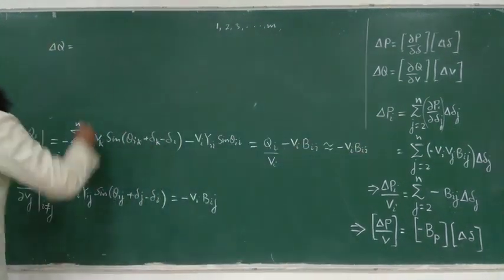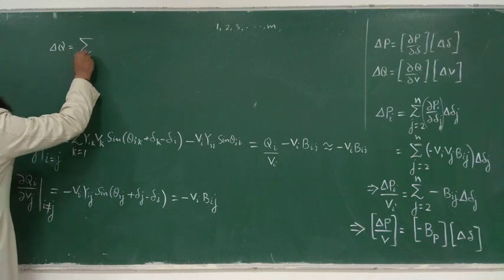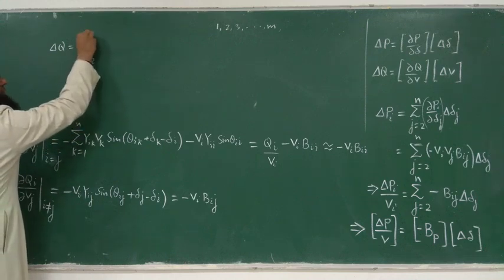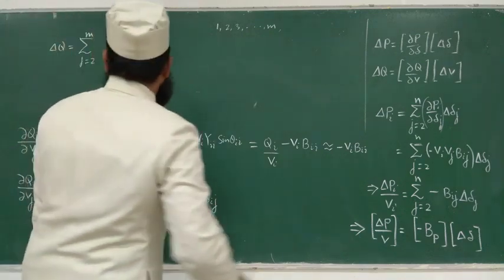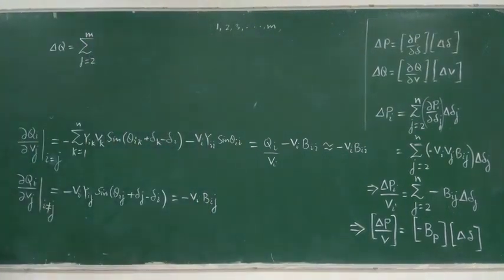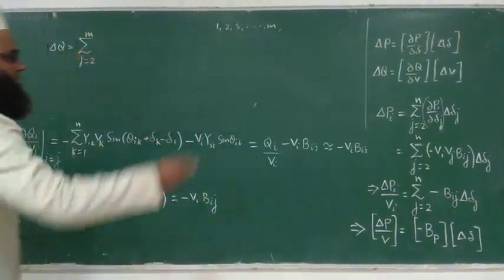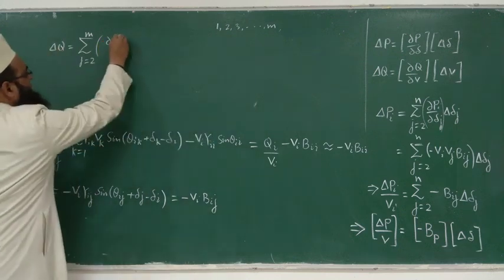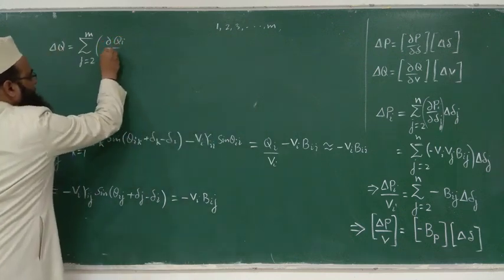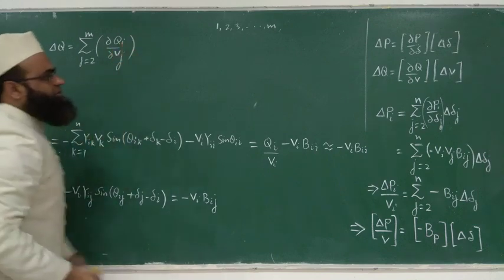So this will be j equal to 2 to M only, the number of PQ buses. And del Q upon del V will be written as minus Vi. First write this one like this, del Qi upon del Vj. What is this?